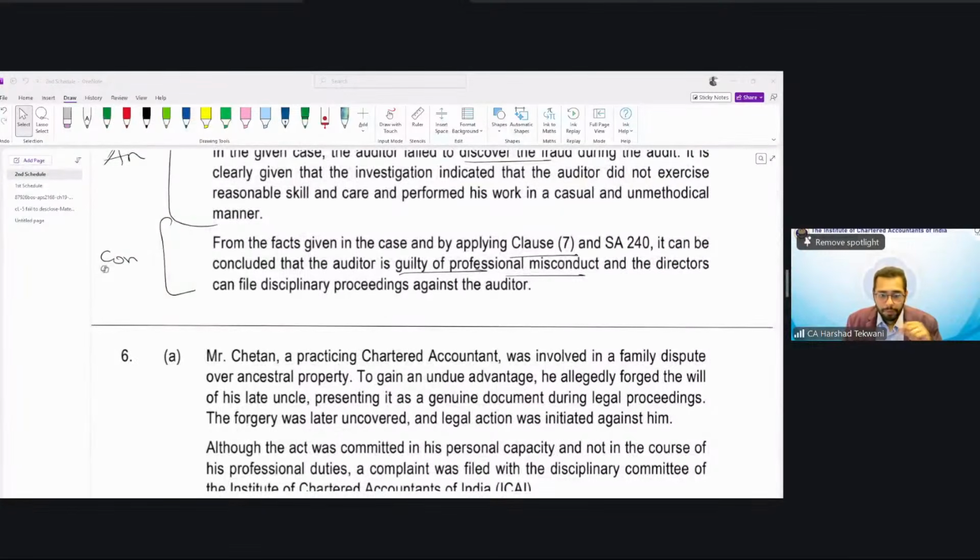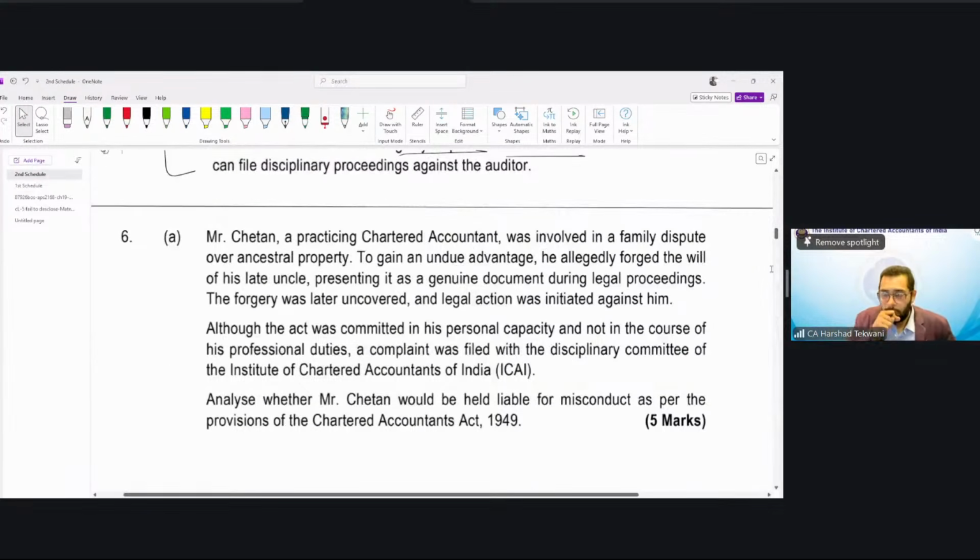Now, I want you to answer this particular question. It's pretty easy, and we discussed this topic yesterday also. Mr. Chetan, a practicing chartered accountant, was involved in a family dispute over an ancestral property. To gain an undue advantage, he allegedly forged the will of his late uncle, presenting it as a genuine document for the legal proceedings.